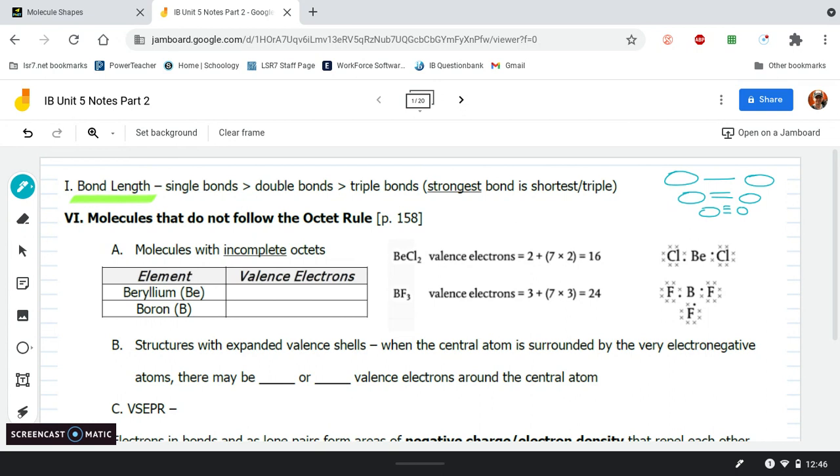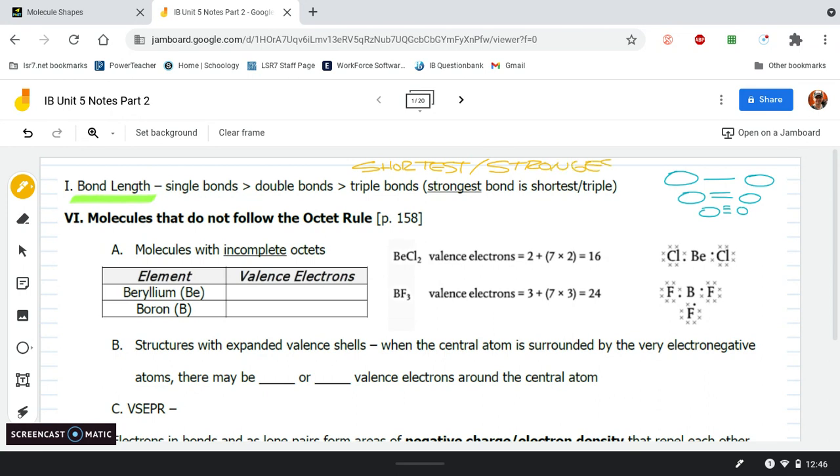So our triple bond is going to be the shortest, but because there's three of them, it's also going to be the strongest.